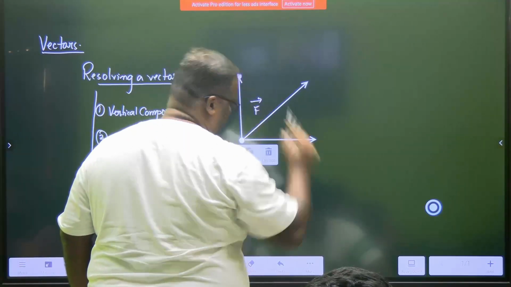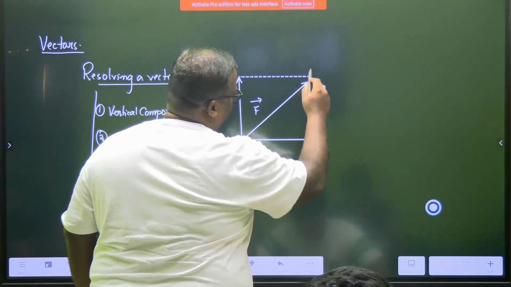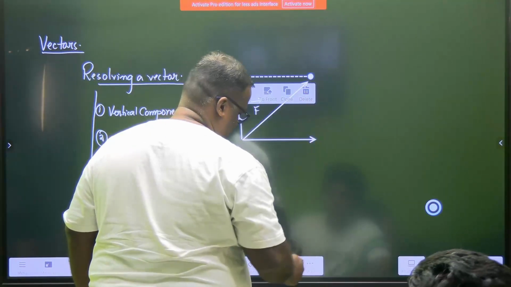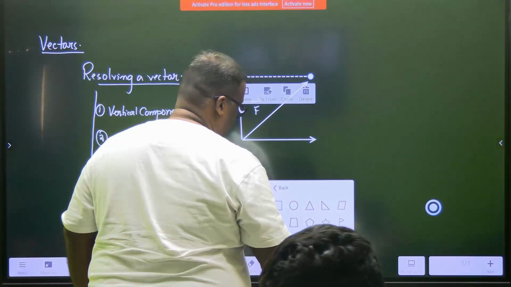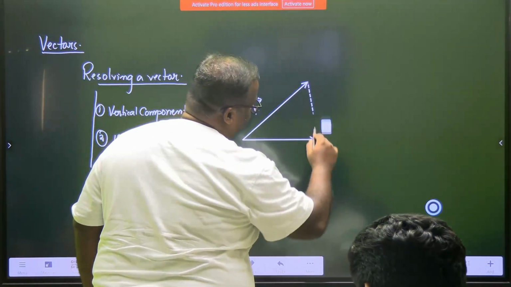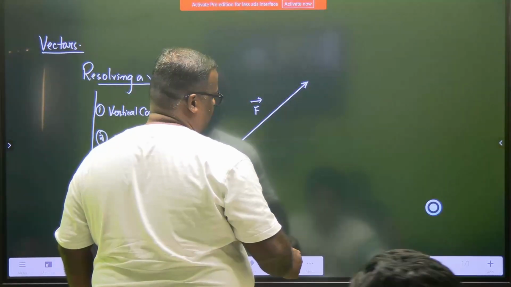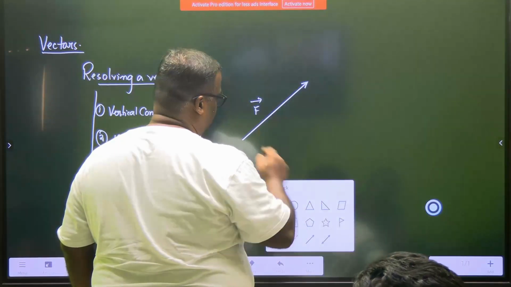What is the meaning of this? That is more important. They should be able to complete a rectangle. So let me first make the rectangle. One minute, children.